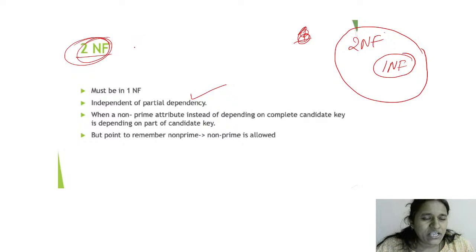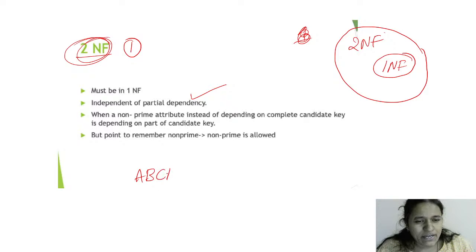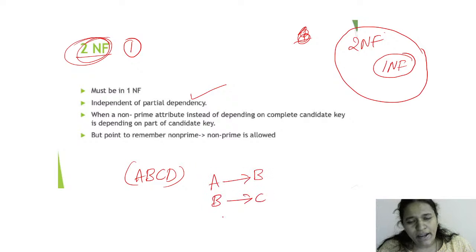Suppose we take the same previous example, A, B, C, D. A to B functional dependency is there, B to C is there, and C to D functional dependencies are there in that relation.